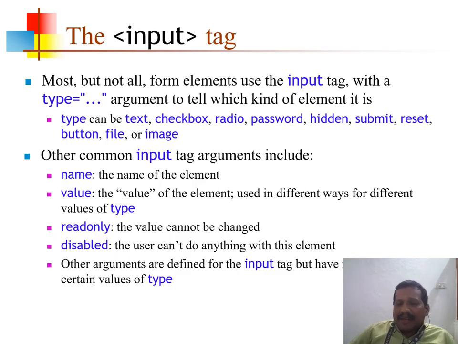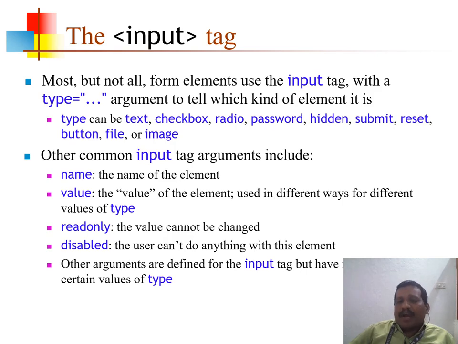There are some other attributes included in input such as name, value, read only, and disabled, of which name represents the name of the element, value represents the value of the element, and read only represents a value which cannot be changed.